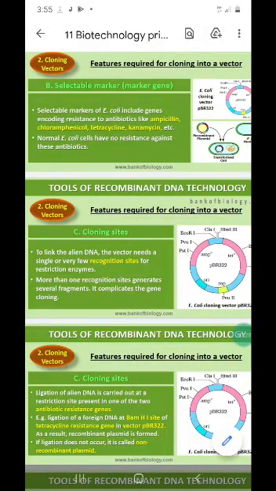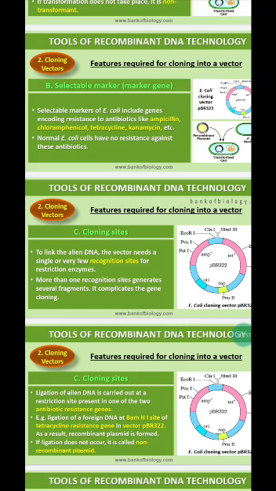Children, what will happen if all the restriction sites are used and it is cut using restriction enzyme? This pBR322 will become pieces, and our aim is not accomplished. Clear? So only one or two of the restriction sites or cloning sites can be used for recombinant technology.